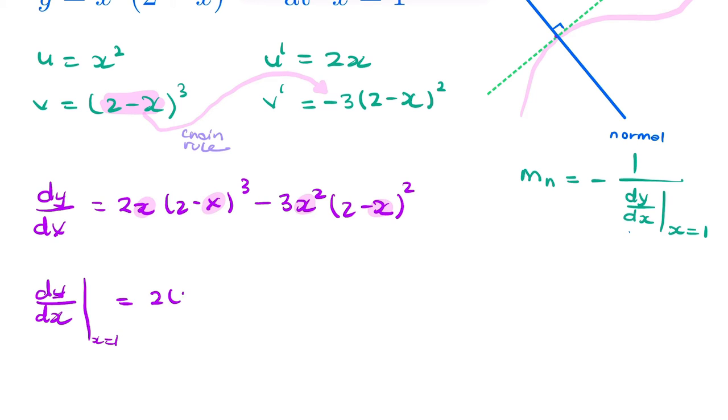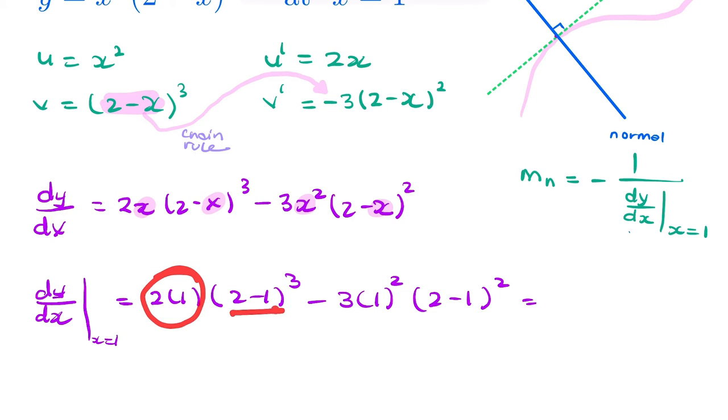So it's 2 times 1 times 2 minus 1 cubed, minus 3 times 1 squared times 2 minus 1 squared. You can put that in your calculator. That's 2, that's 1. So it'll be 2 minus 3, I think, because that's 3 and that's 1. So 2 minus 3, which is negative 1.